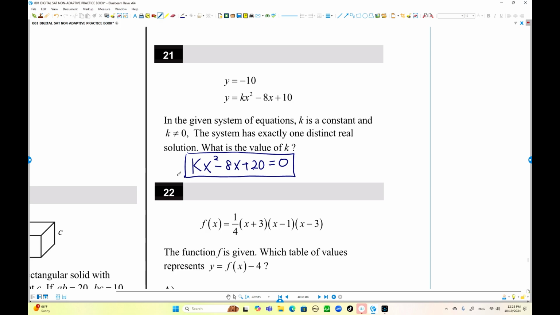But this one has only one solution, so the discriminant must be equal to 0. Discriminant is b squared: negative 8 squared is positive 64, minus 4 times k, and c is 20. That must be equal to 0, okay? So 64 equals 80k. You can divide it by 80, right? So that is 0.8, okay? That is the value of k.